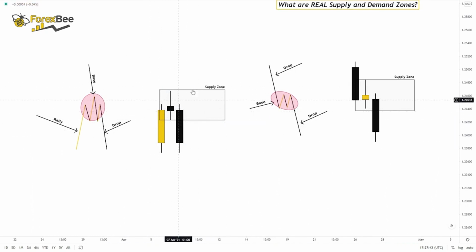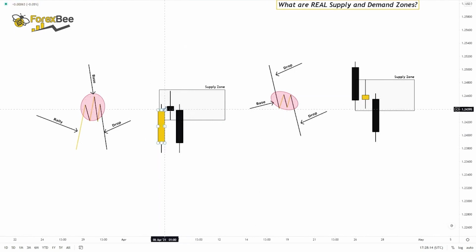So this supply zone is a rally base drop. What is happening here is the market is bullish, then the market is stable or balanced in the middle, and then the price drops. So here you can see the bullish trend, then it goes sideways, and then there's a bearish trend.